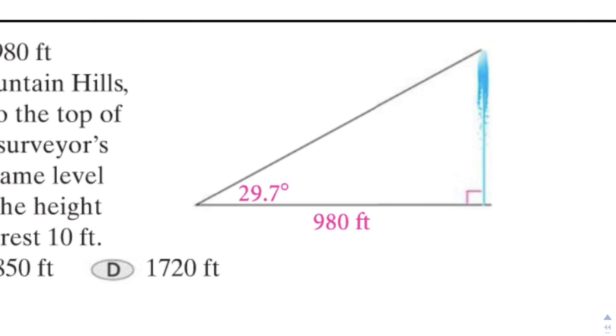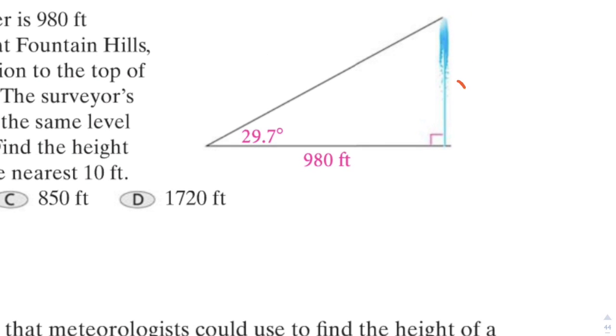So we are going to find the height of the water. So tangent of 29.7 degrees is equal to opposite over adjacent.